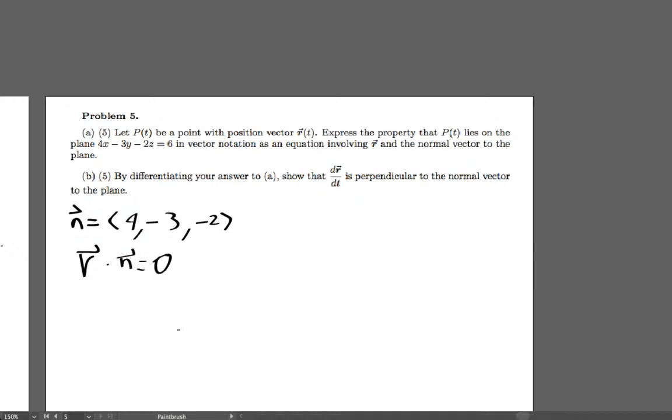That is obviously a rule that we need. So when you take the dot product with the normal vector, which is 4, minus 3, minus 2, we know that r dot n is 0.